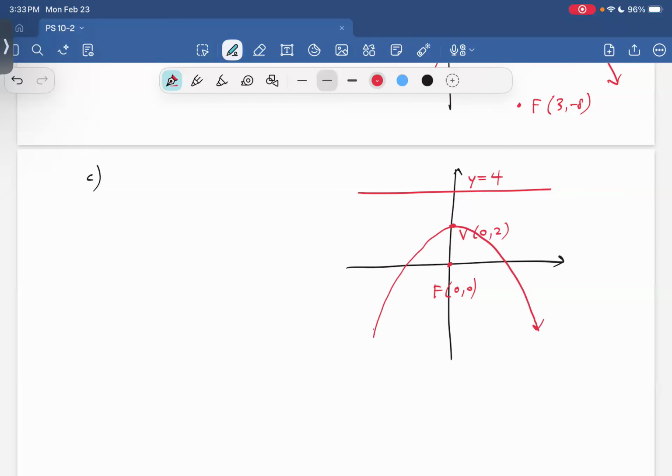So a problem must look like that. So this is a vertical parabola opening downwards. So this is x minus h, which is 0. So we'll have x squared equals, P is -2, and so this is -8 times y minus k, which is y minus 2.